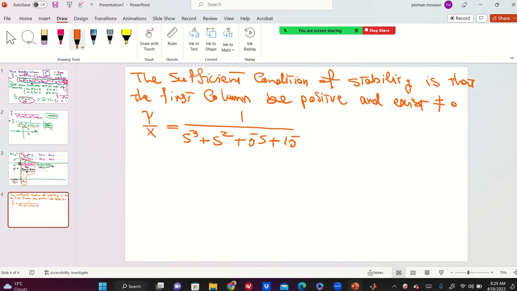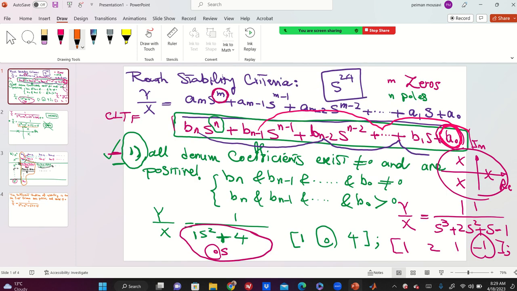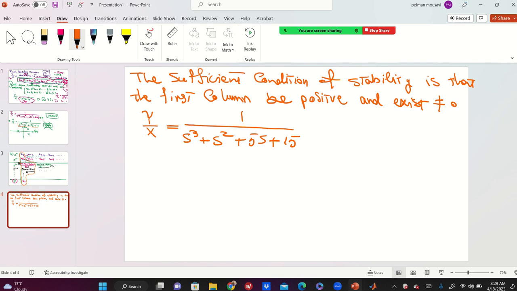Here we go. Based on the first condition, all the coefficients exist and are positive. Okay, first condition, bingo. Now you have to make this table.